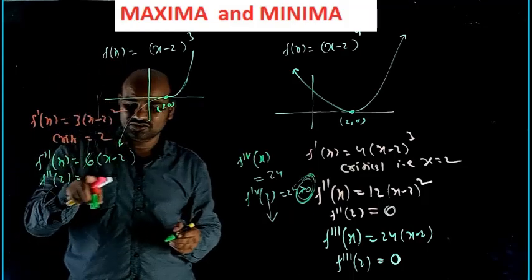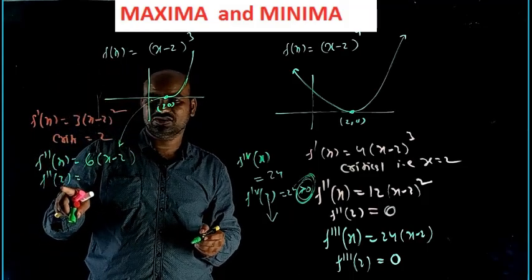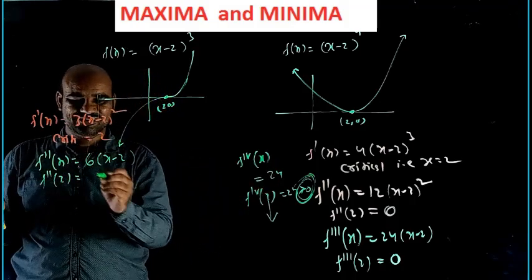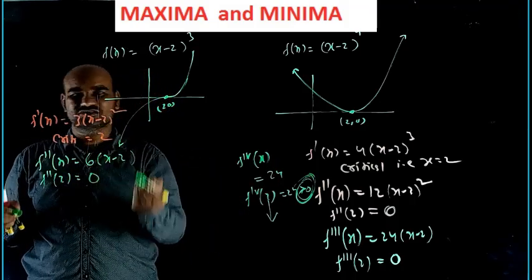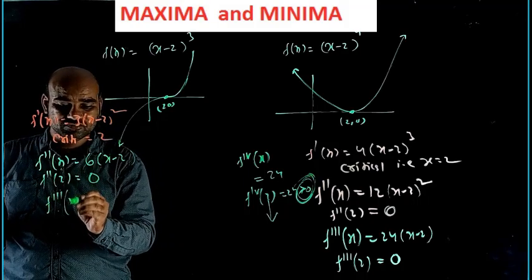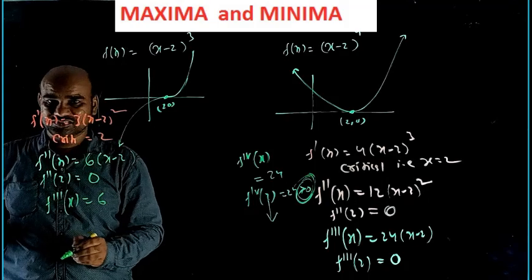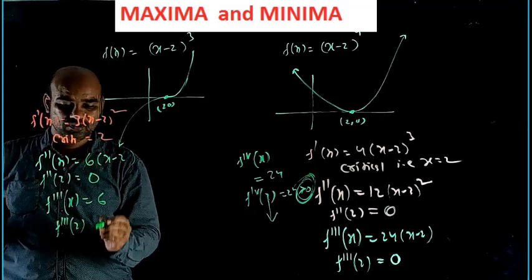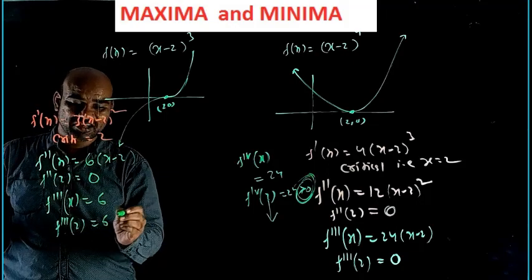If it is greater than 0, 2 is the point of minimum, less than 0, 2 is the point of maximum, equal to 0, further investigation is needed. 0 you are getting, 6 times (2 minus 2). Find third order derivative, that is equal to 6. Find f third order derivative at 2, 6, greater than 0.